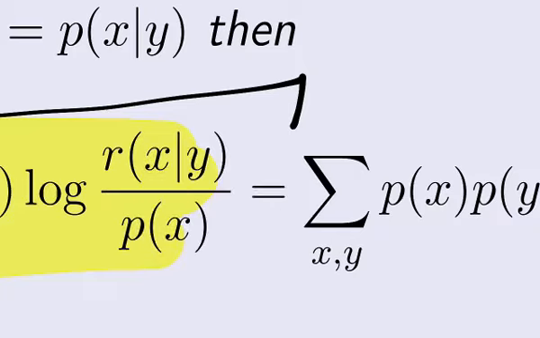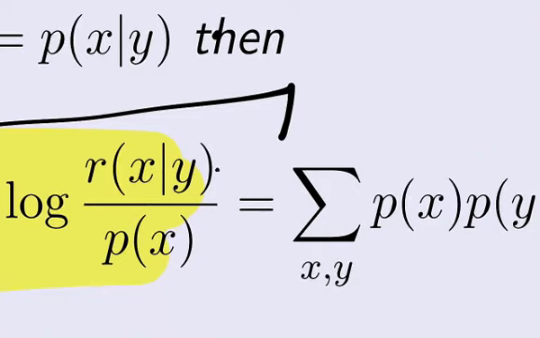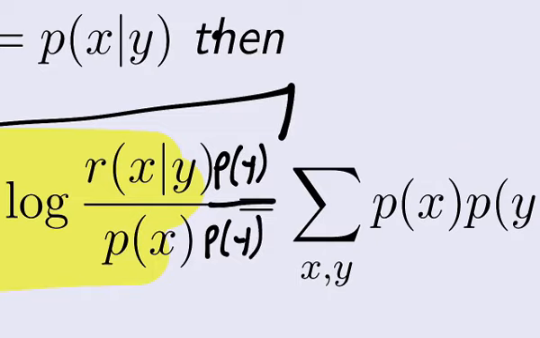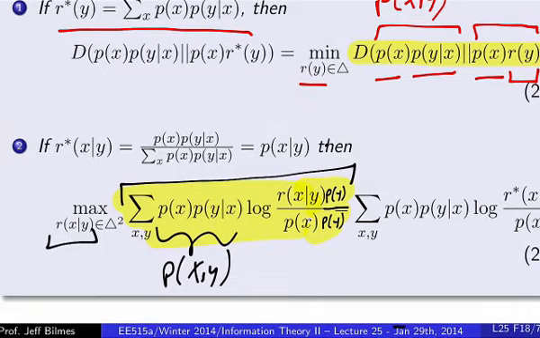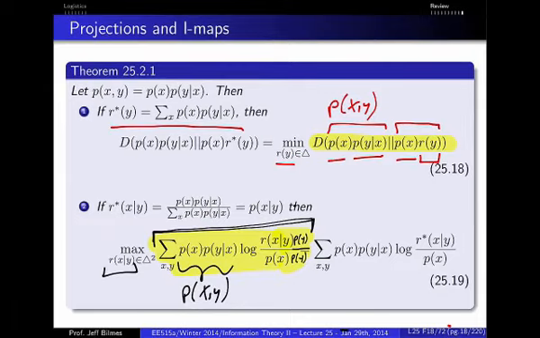So let me fix this a little bit. If I write this as P of y, P of y, and then just highlight a little bit. You see how that bit is Kullback-Leibler? Within the Kullback-Leibler, we've just got one bit of it that we're optimizing over, which is that part right there.